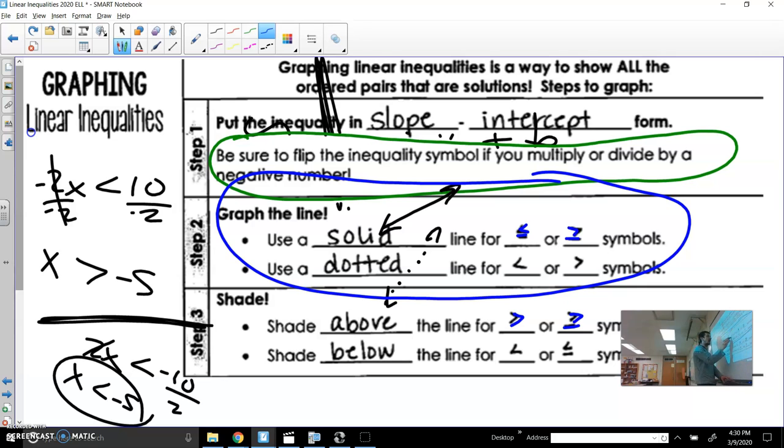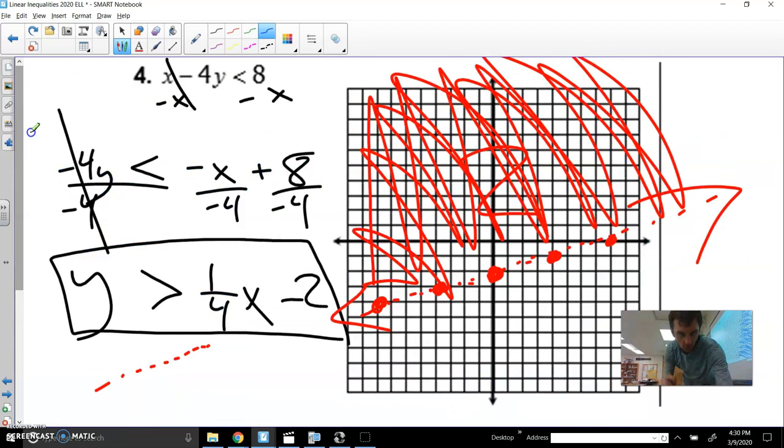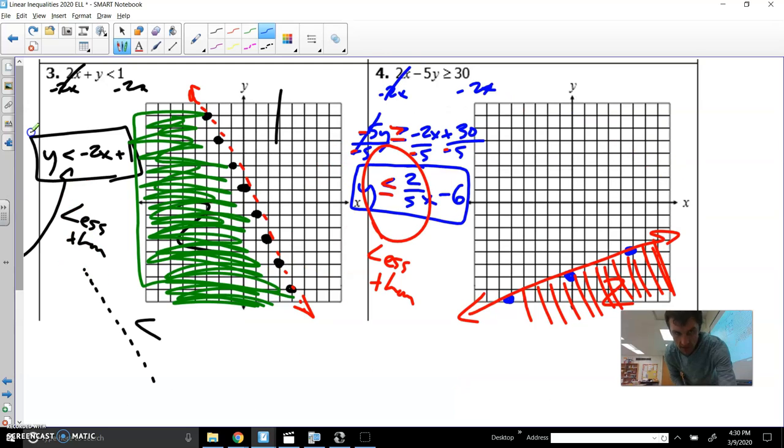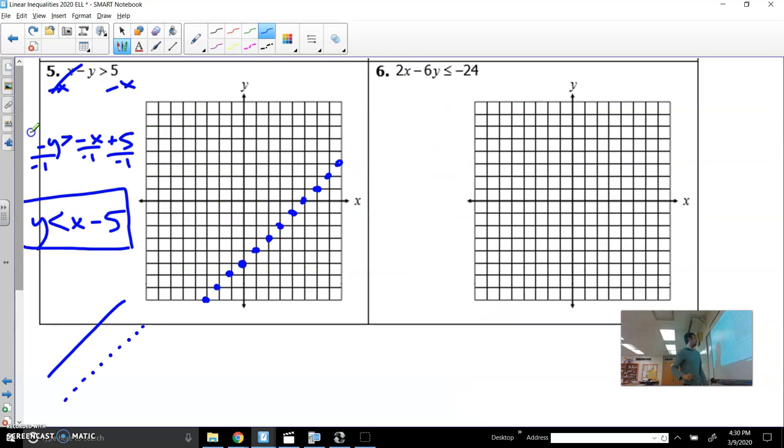But it should be dotted, sometimes I call it dashed, a dashed line, if it's just less than or just greater than. You don't have that symbol with a line under it. So, thank you for being patient. Going back, this needs to have a dashed line because it is just less than.